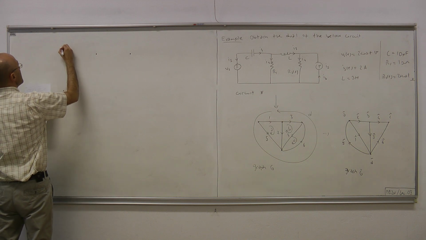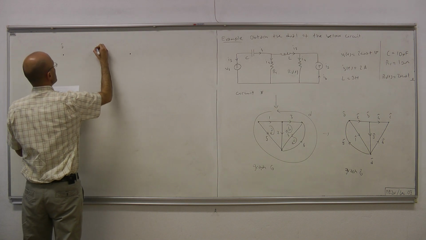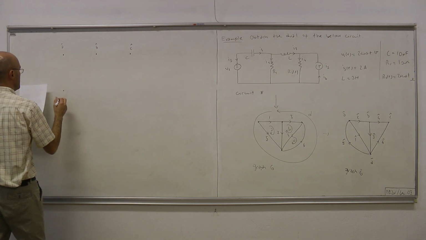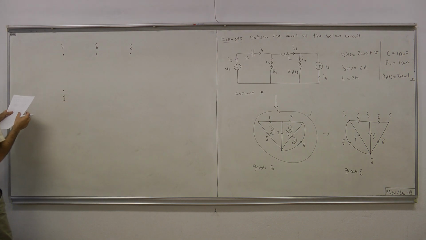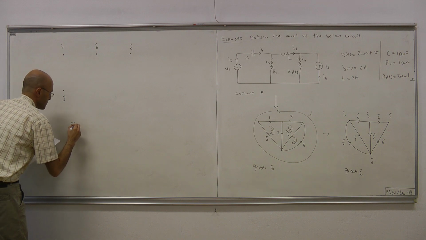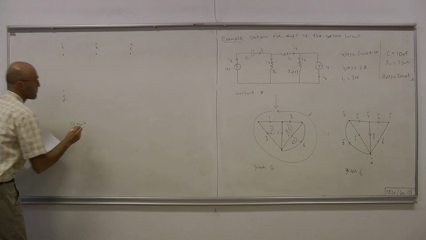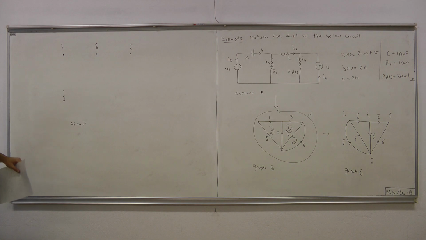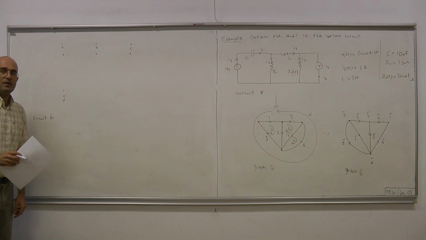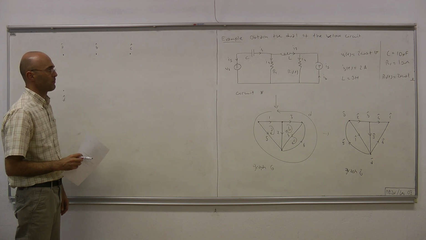This is A hat, this is B hat, this is C hat, and this is our D hat. Now what we're trying to construct here is circuit N hat. Okay. Now let's go branch by branch.